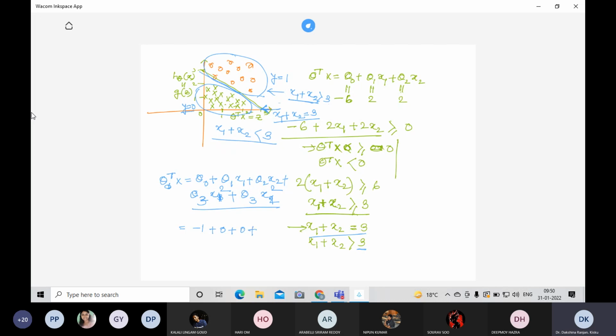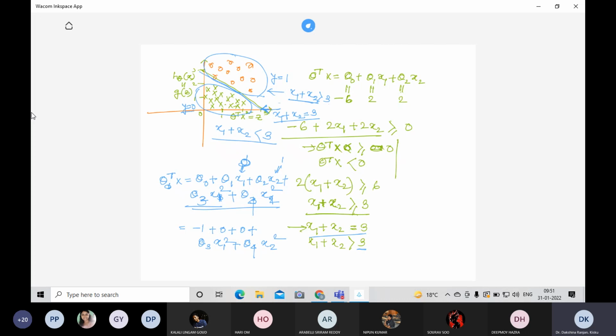Here, if we consider the values of x1 and x2 as 1, then for this term we can have theta 3 x1 square plus theta 4 x2 square.